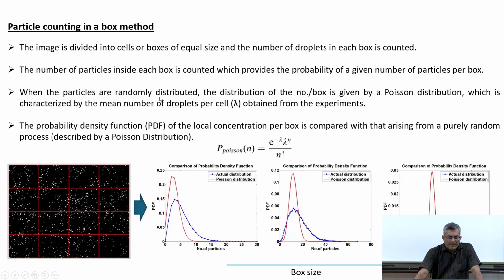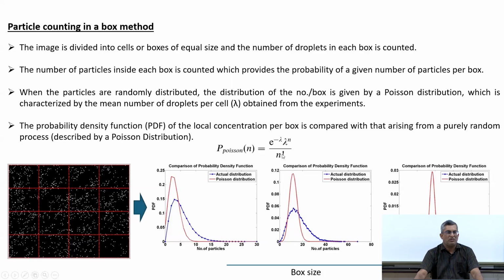Then if the particles are randomly distributed, the distribution of the number of particles per box is actually given by a Poisson distribution. This is a discrete distribution. This is not a continuous distribution as in the case of Gaussian distribution. The Poisson distribution is characterized by the mean number of particles per cell.